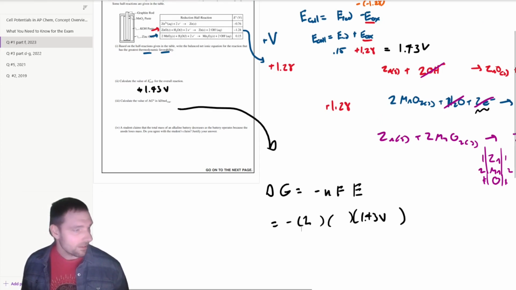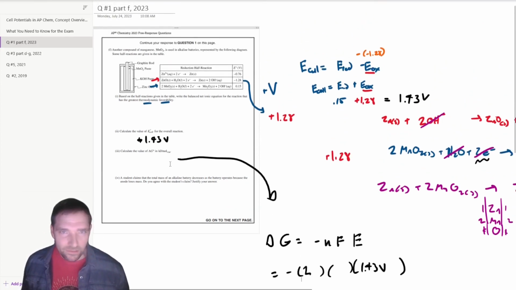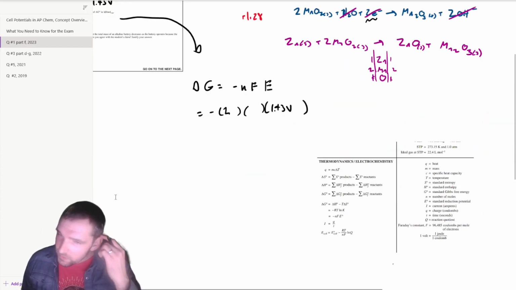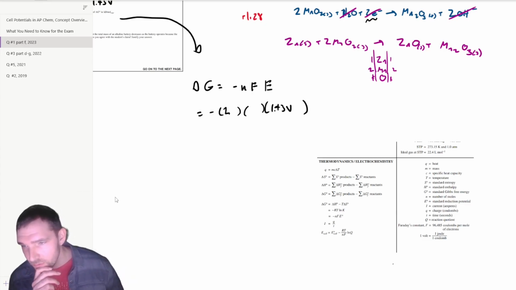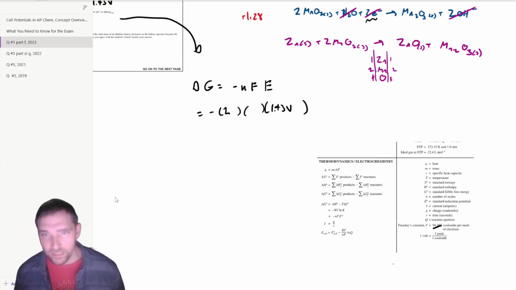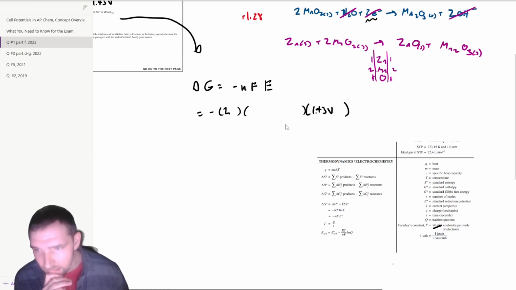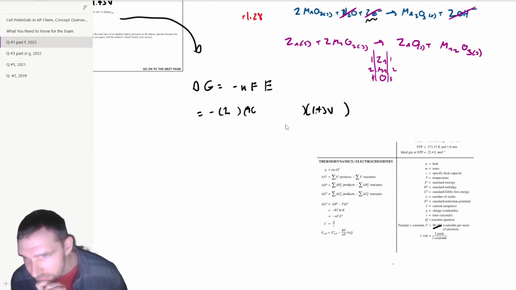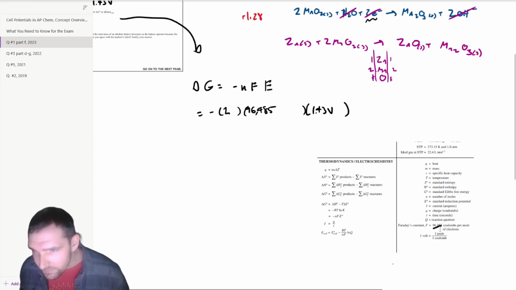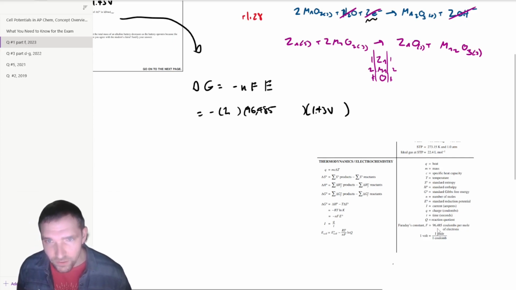And then the Faraday's constant, I would need to look that one up. So just give me a second. To get this part, we're going to need to use our coulomb value per mole of electrons. So we've got that coming into play here. That's the 96,485 coulombs per mole of electrons.